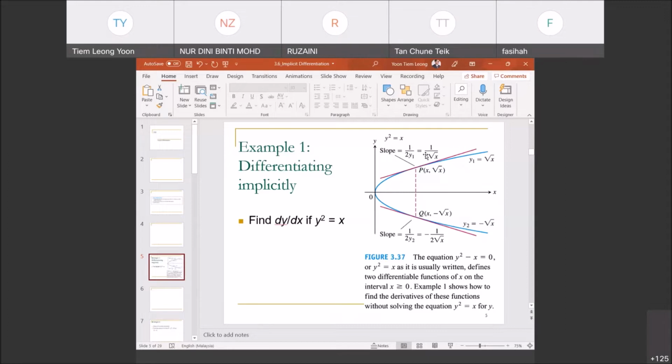Just now I showed that dy dx, the slope, is equal to plus or minus 1 over 2, multiplied with 1 over the square root. So this is the slope with a positive sign, and then it has a slope with a negative sign. For every single value of x, let me show this.